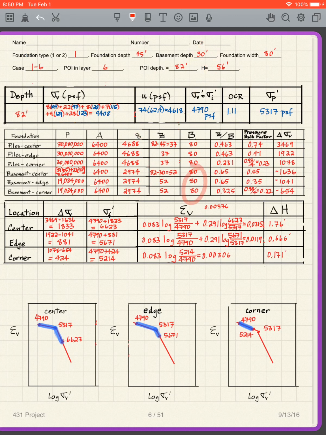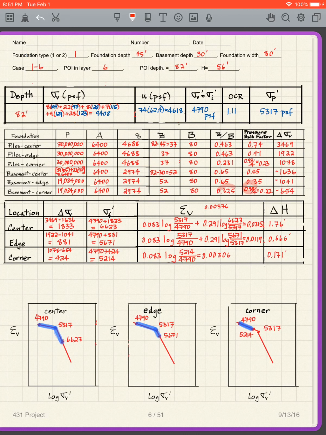Then the B is 80 again, and we do the same trick. I get 0.65, that's Z over B there, but then I have to divide by 2 to get that one because it's the corner. And then I read off the pressure bulb. This is the pressure bulb below the center, this is below the edge, and this is below the center.